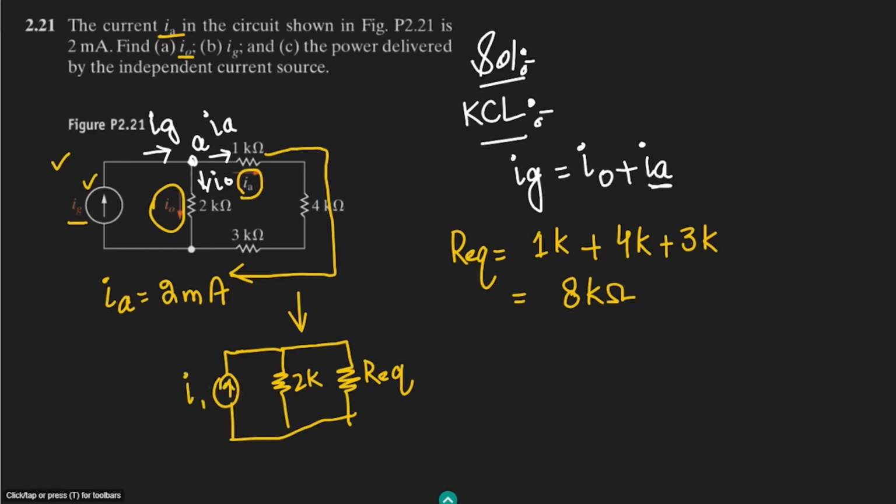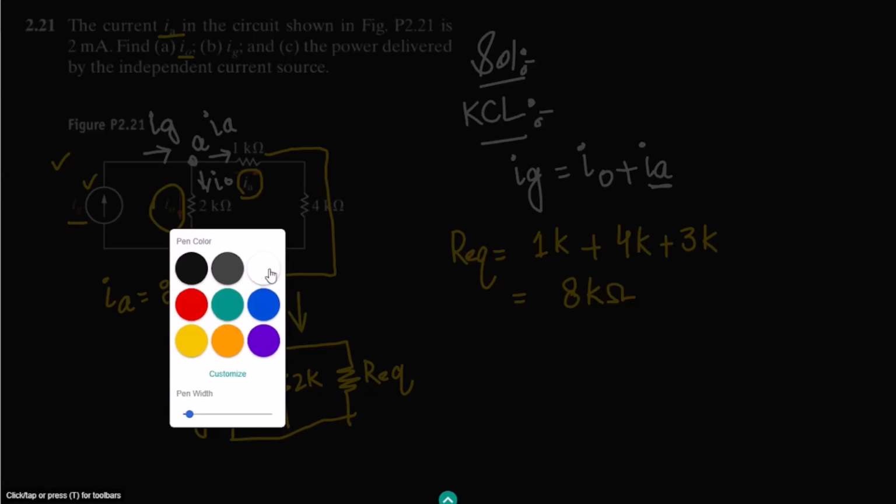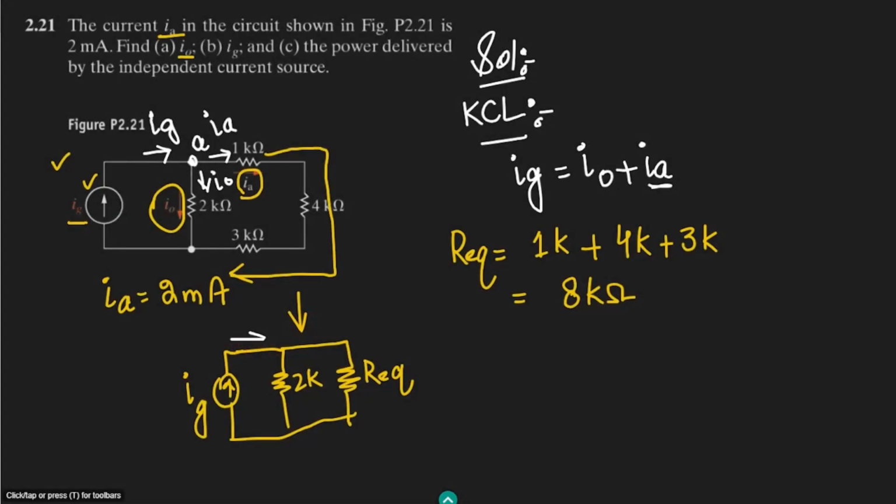This is IG, and from it this current is flowing. Let me call the voltage across it VA. This is the same voltage here and here as well. If we can find the value of this VA, we can find out the value of current here as well.